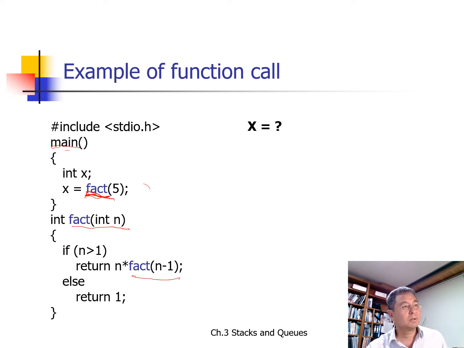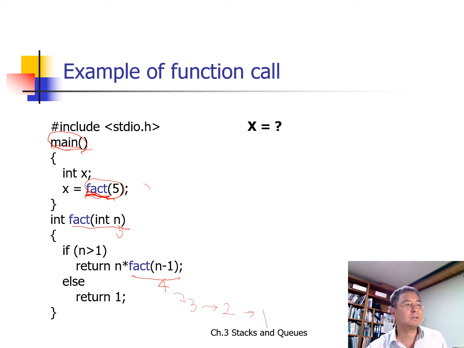If you execute this function, how many function calls happen? First is the main function, and second is factorial 5. Factorial 5 will call factorial 4, and factorial 4 will call factorial 3. Factorial 3 will call factorial 2, and factorial 1 at the last.